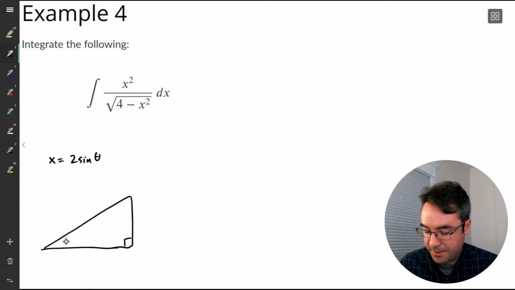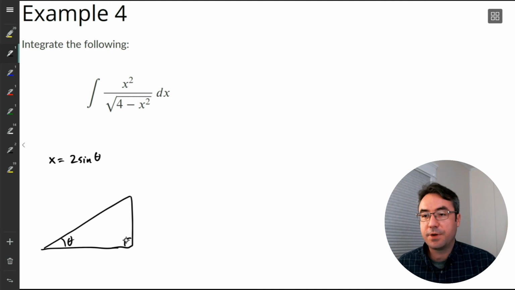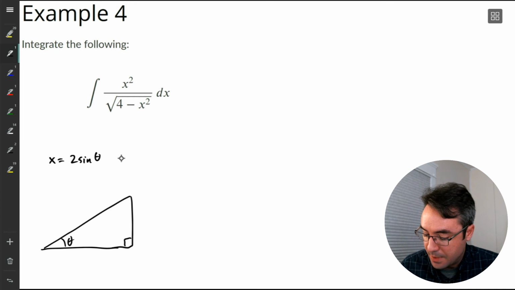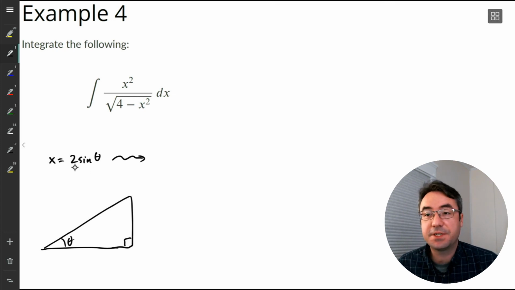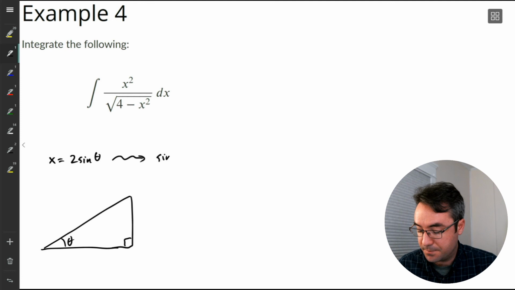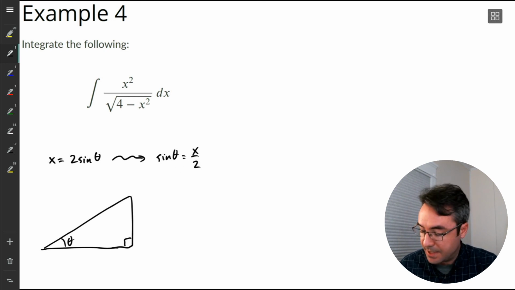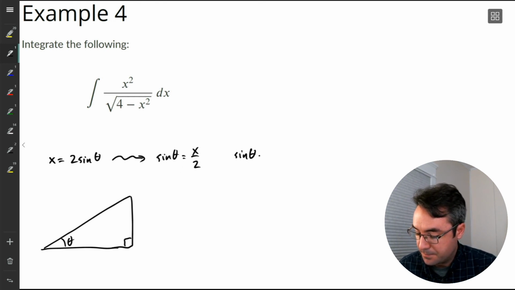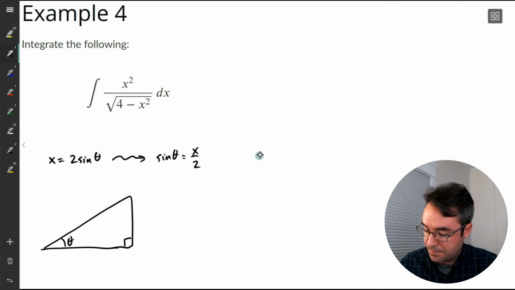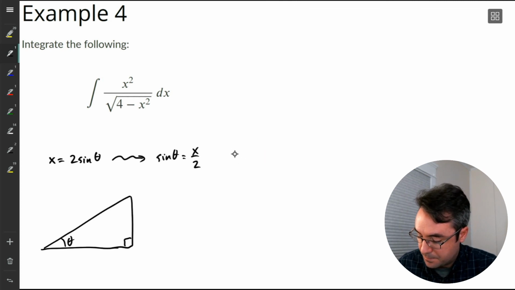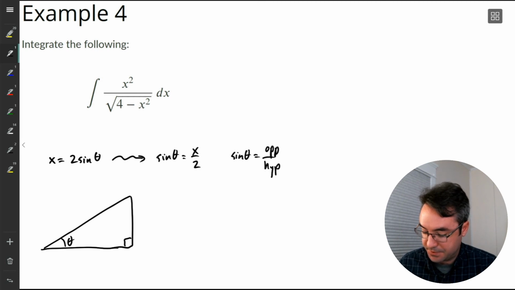So here is theta. And then our right angle is there. Let's solve this for sine theta. So that's going to be helpful. It's x over 2. So just divide both sides by 2. And from here, we know sine theta is equal to the opposite side over the hypotenuse.